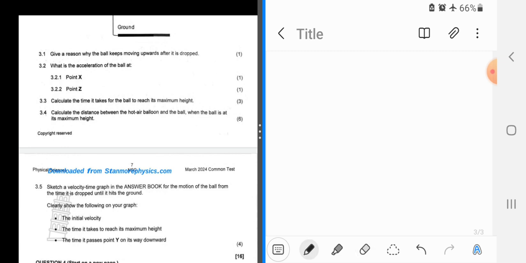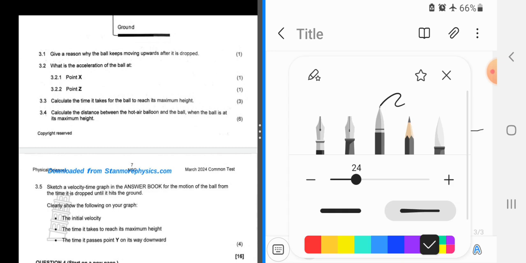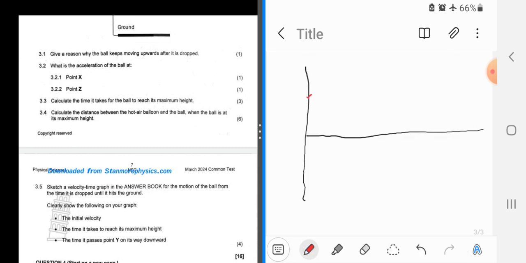So I'm just going to try to see if I can draw the graph. Yeah, it's not right. Let's do this here in the middle, and then here we have 20, and then here we have negative 20.